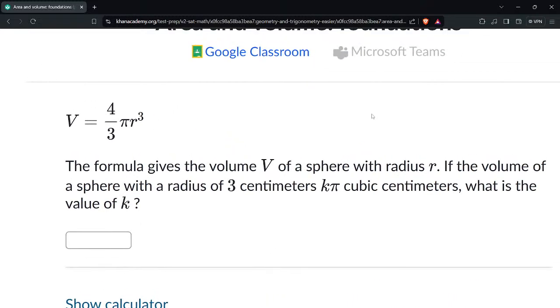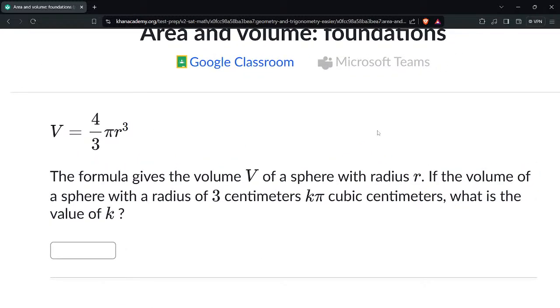Okay, which was volume of spheres. Let's see.